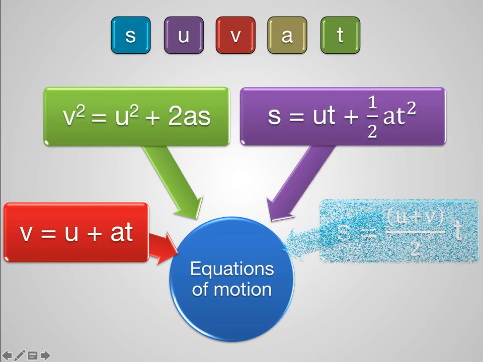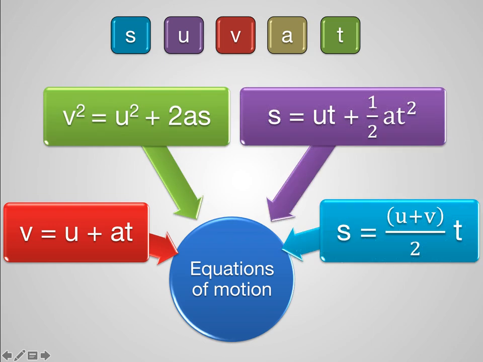All these equations are directly given in the formula sheet, so you just have to identify which to use in which situation. These are the four equations of motion. The last equation, the one you see in blue color, there is a difference between that equation and the other three. The difference is the term acceleration is missing.